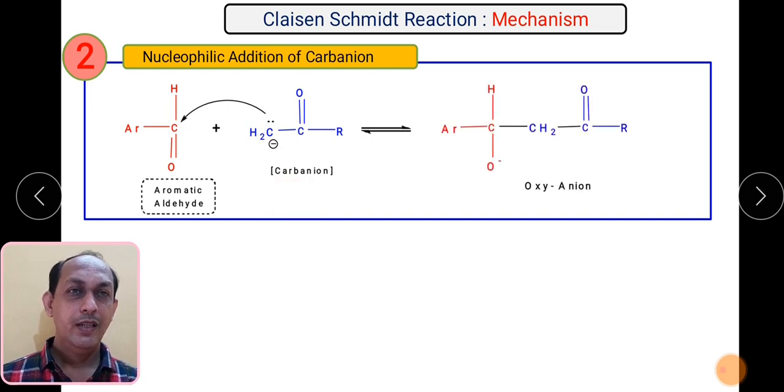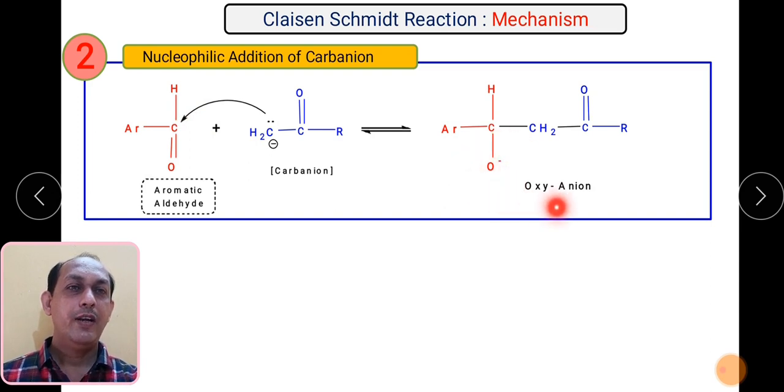So what will happen? Let us see. These two molecules are joined with the help of a single bond. This is a newly formed bond which is joining two molecules. As a result, this carbon attacks this particular molecule, the double bond or pi bond breaks, and the oxygen will carry a negative charge.